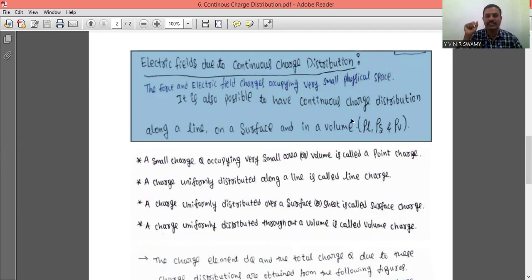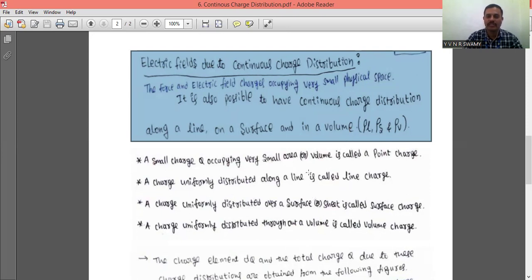These can be represented as rho L, line charge density, rho S, surface charge density, and rho V, volume charge density.